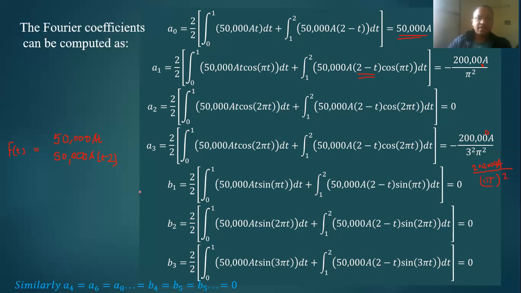Again, for the B case, B1, we calculate it and finally we get 0. B2 we get 0. B3, 0. That means the sine part of this equation is 0, so every B3, B4, B5 will be 0. In this case, the even terms are 0, but the odd terms have values of this kind of expression.